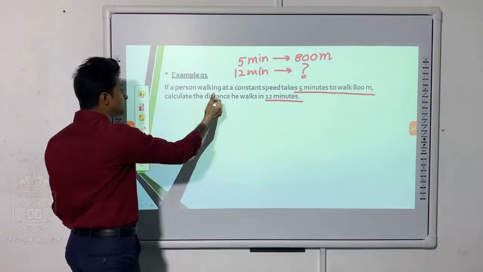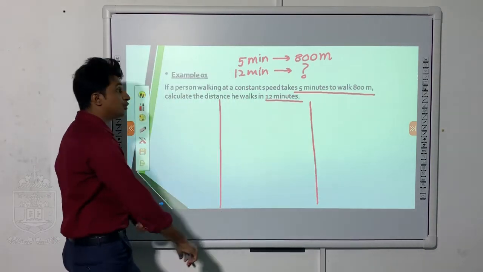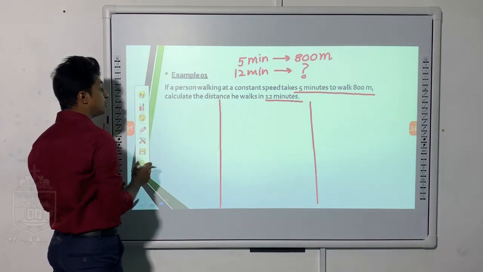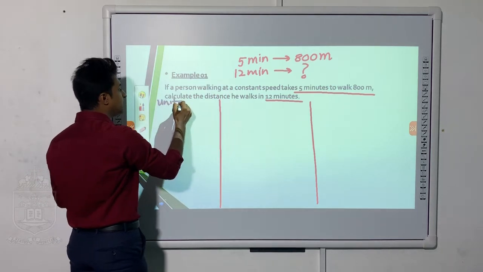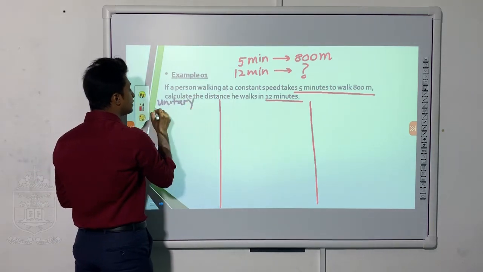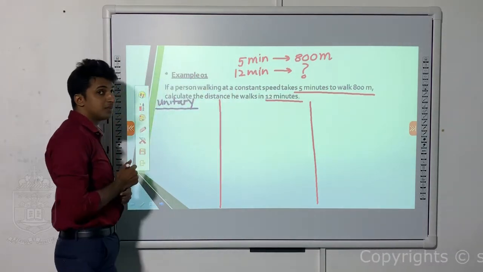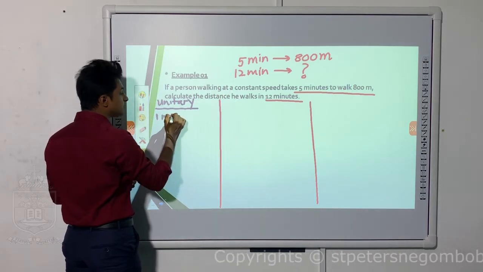So I'm going to use the 3 methods separately to explain how we are going to do this. First, I'm going to use the unitary method. In the unitary method, you need to find the value for 1. So for 5 minutes, if you travel 800 meters, I'm going to find how many meters you will travel for 1 minute.